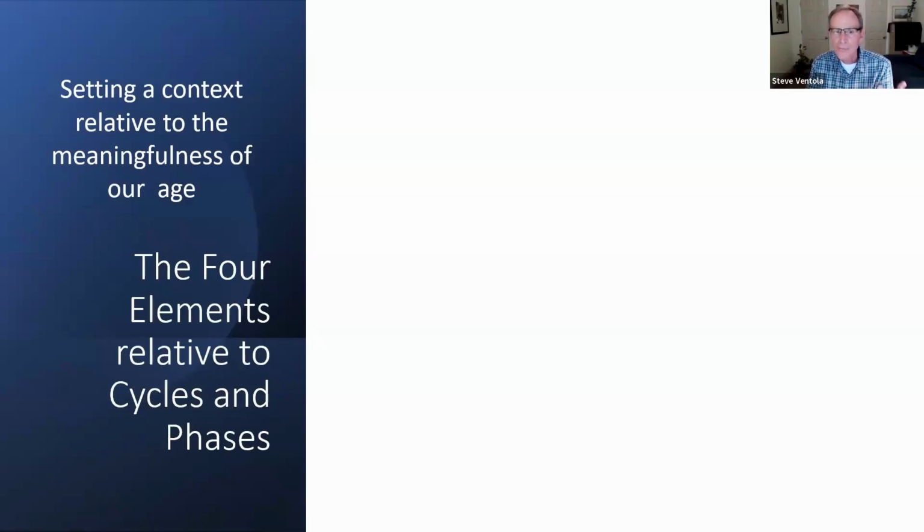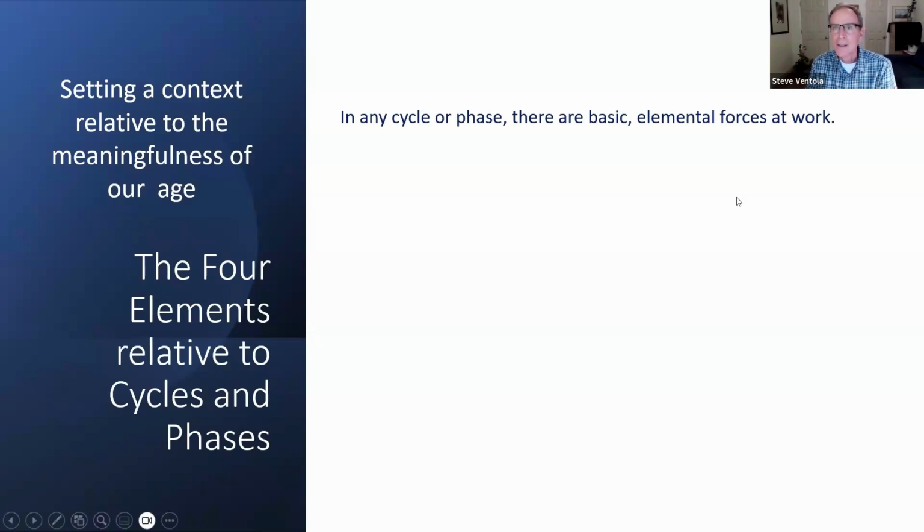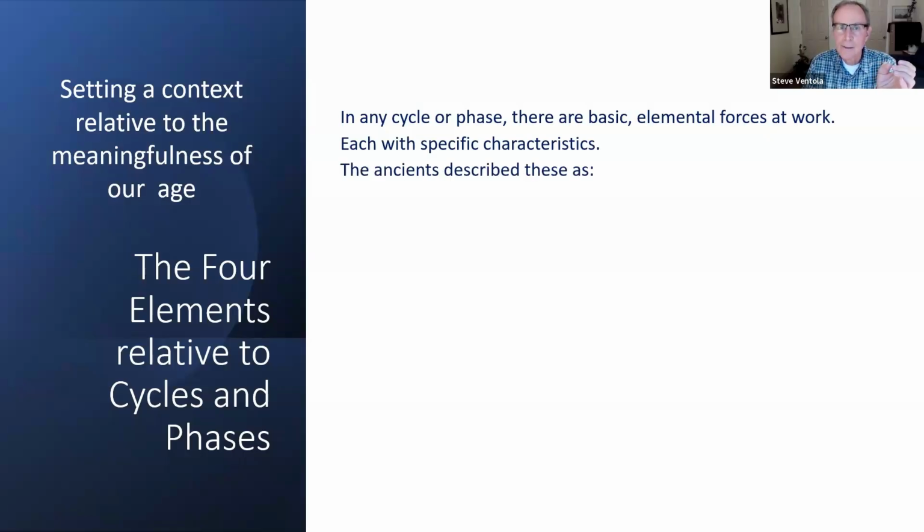So we're looking at the four elements relative to cycles and phases. Maybe you've been aware of them, but in any cycle or phase there are basic elemental forces at work, each with specific characteristics.